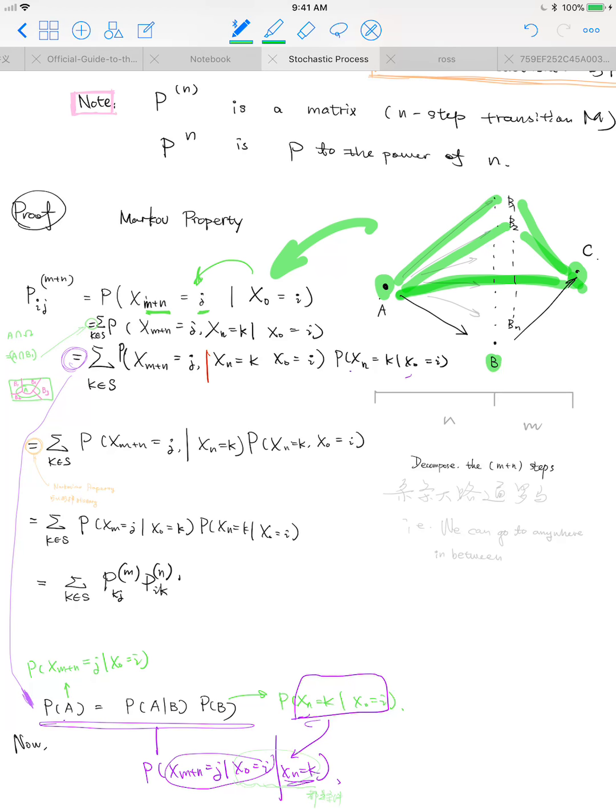That is the probability that, starting from i, we decompose the m+n steps into the first n steps and then the later m steps. Here, this notation simply means where you are going to be in the intermediate state, and those are all the possibilities.